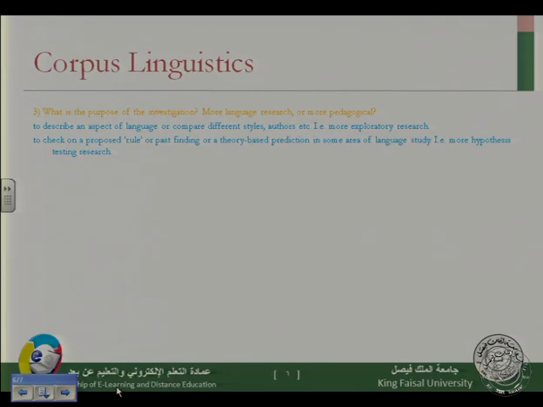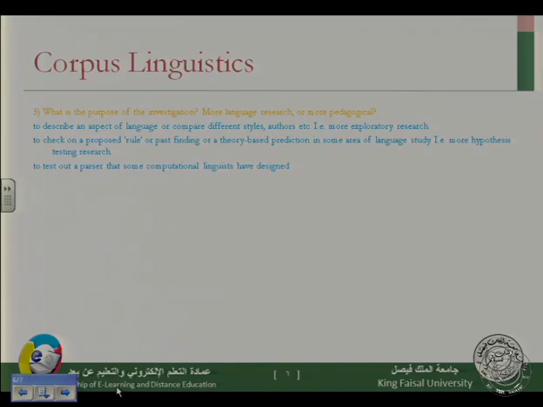So you get all the data from children of Arabic speakers, and then you analyze them for errors. If you don't find too many errors, well, then the hypothesis is true. If you find errors, well, then you have time to adjust or to reject that hypothesis.